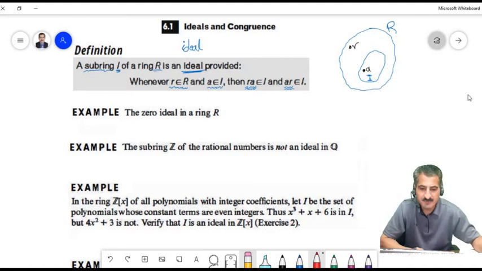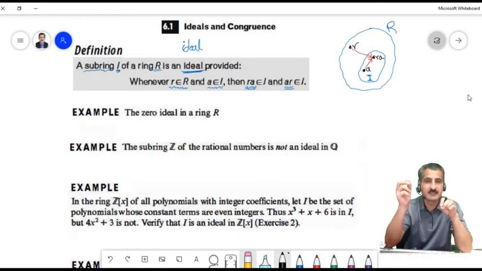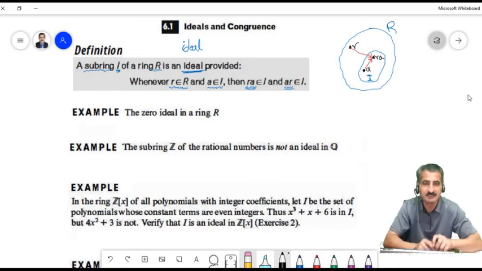I will use these arrows to denote their multiplication. The multiplication must live inside I. So choose any element from the ideal, from this subring which we call an ideal, and any other element from the ring. Multiply, and the result will be inside the ideal I.